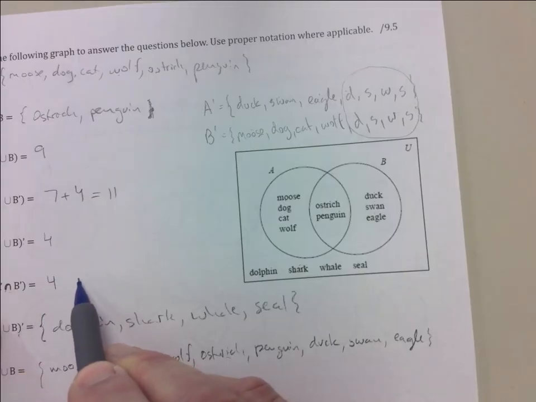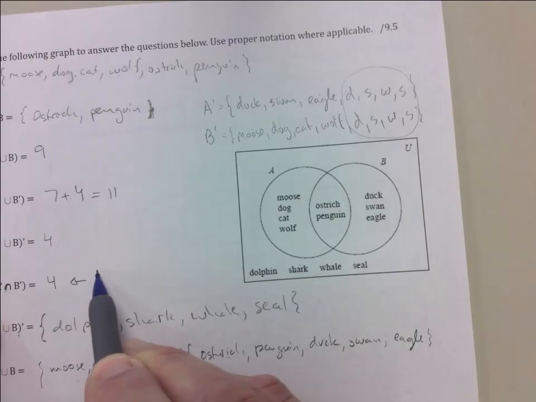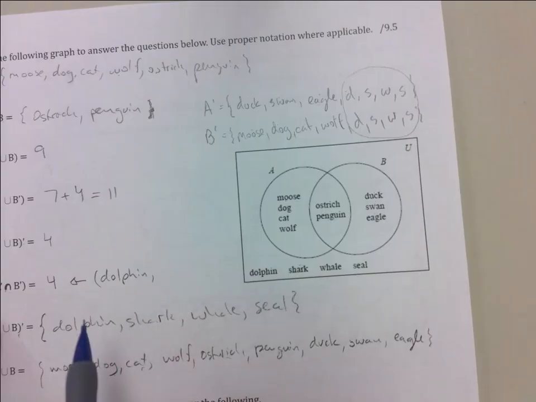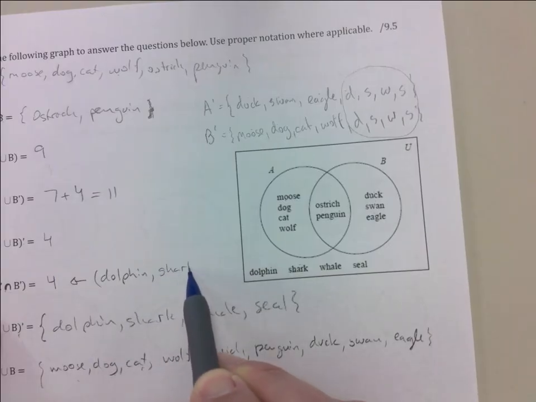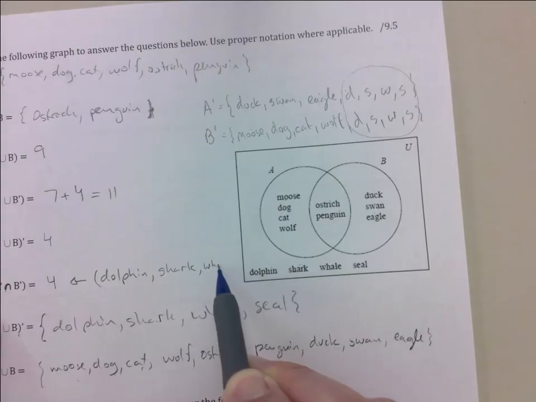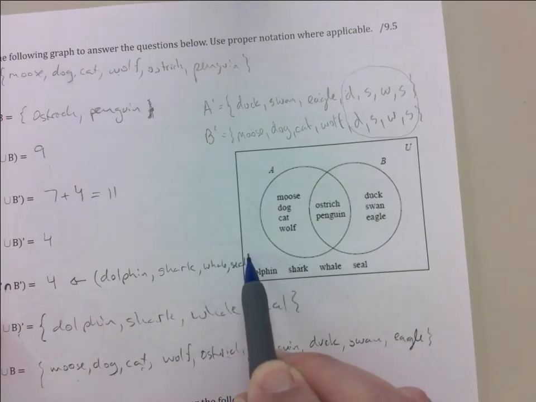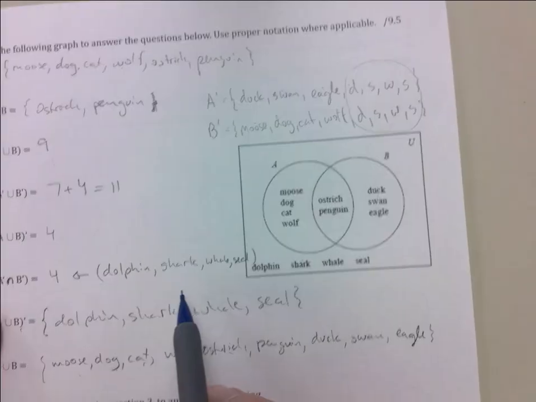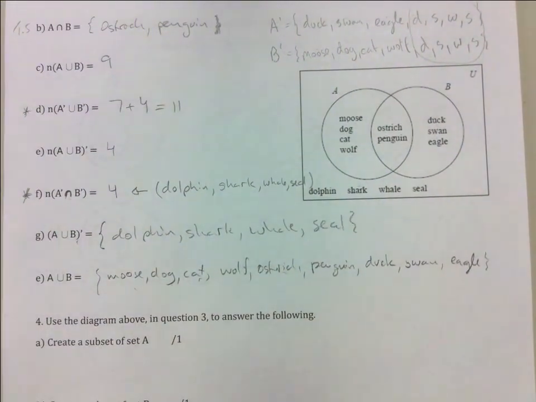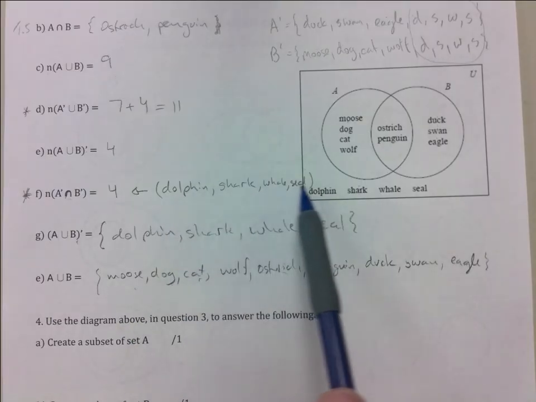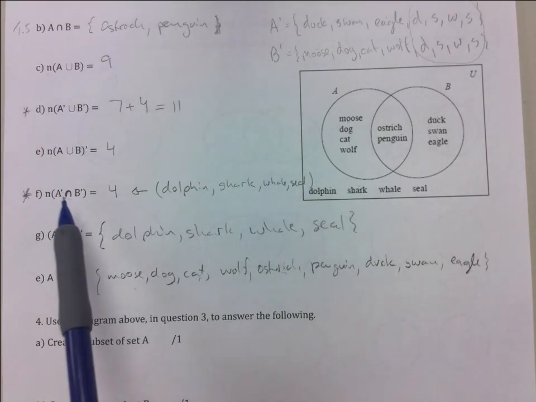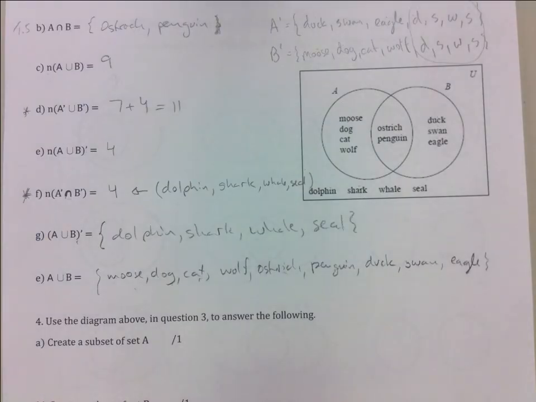It's the dolphin, the shark, the whale, and the seal. Okay? Sorry, you can't see that. Where's the camera? Okay? So these 4 are at the intersection of those 2 sets.